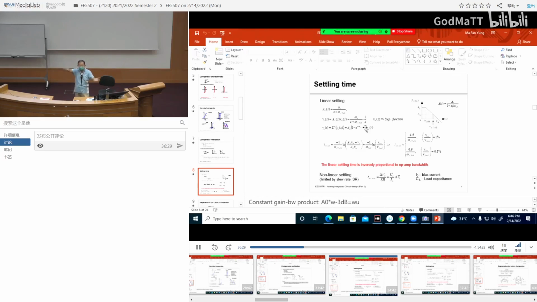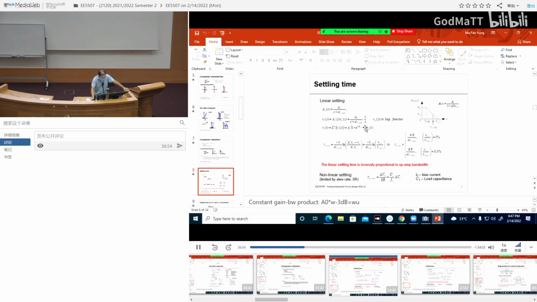Infinite time, because it's exponential settling. It will never get there. But whether it's 99%, 98%, whatever, we can define that as the settling time: how long the output takes to reach 99% of the final value. This is all something you can calculate.